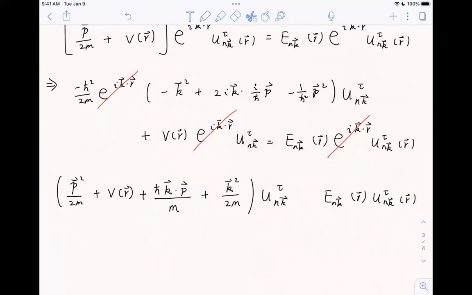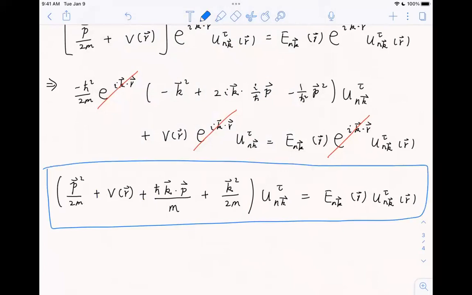Okay. So now you arrive at this equation. Now, so far, there's no approximation. You just rewrite the Schrodinger equation into a form that you are solving for this block function without the plane wave. And what is this? This is the wave function at the K or K prime points.